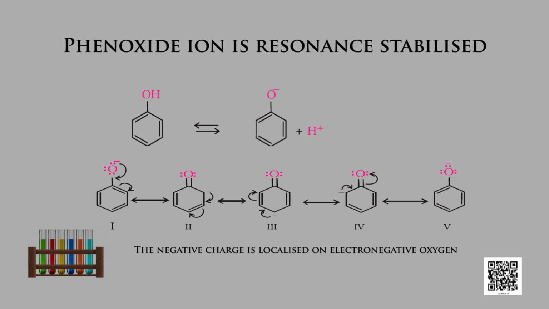This makes phenoxide ion more stable and favors the ionization of phenols. Although there is also a charge delocalization in phenols, its resonance structures have a charge separation, due to which the phenol molecule is less stable than phenoxide ion. You can also see that a phenol molecule gives you only 2 resonating structures.